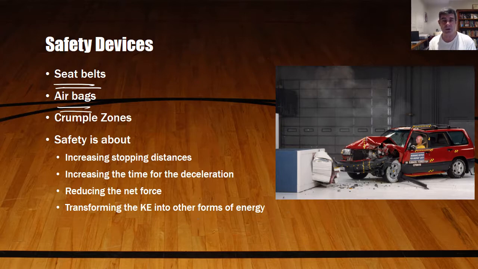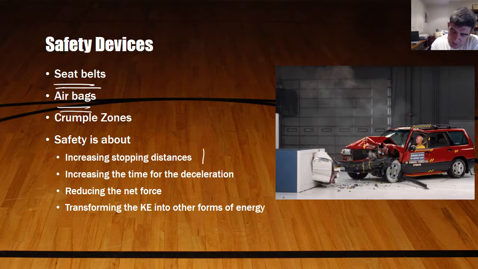The airbag cushions the motion forward of the driver or the passengers in all directions, whether the car hits front on, is hit from behind, or is hit from the sides. There's airbags everywhere to try and cushion the occupants and slow down the time that it takes for them to come into contact with any other surface. So safety devices in cars are about a couple of things.